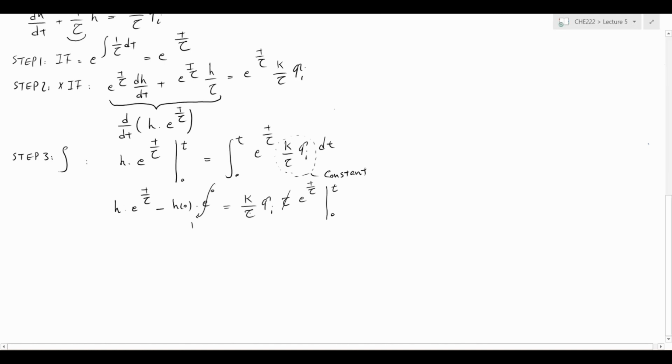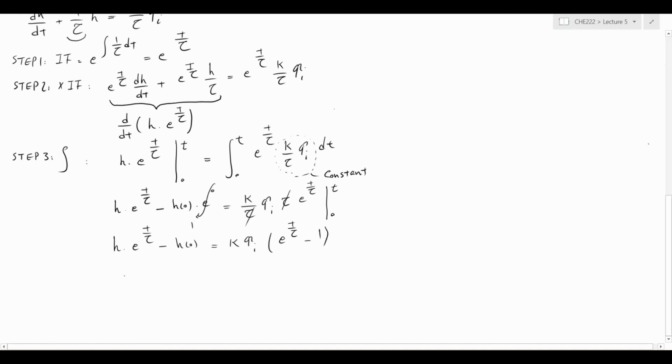So this term and this term cancel out. Again, I just rewrite it: h times e^(t/tau) minus h0 is equal to k times qi multiplied by e^(t/tau) minus e^0, which is 1.